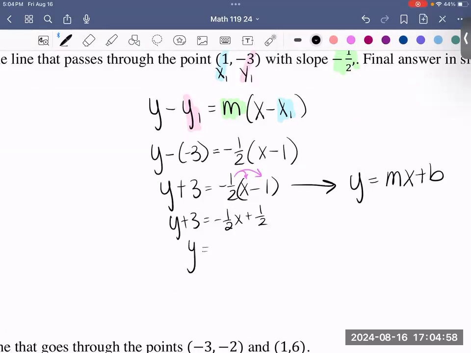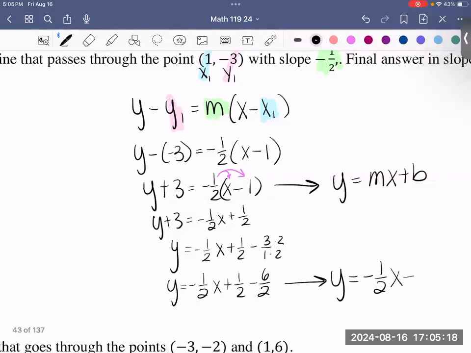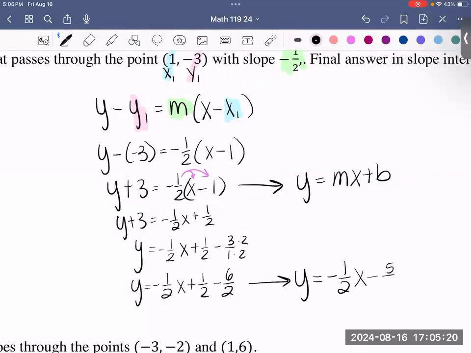Subtracting your 3. Finding a common denominator. So your final answer should be y equals -1/2 x minus, let's see, 5/2.